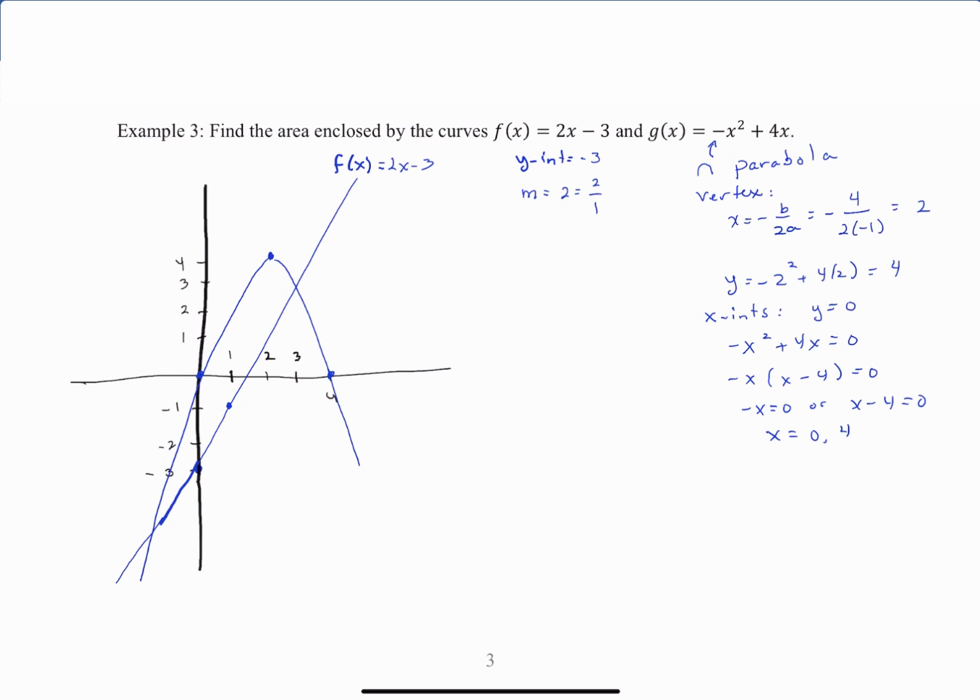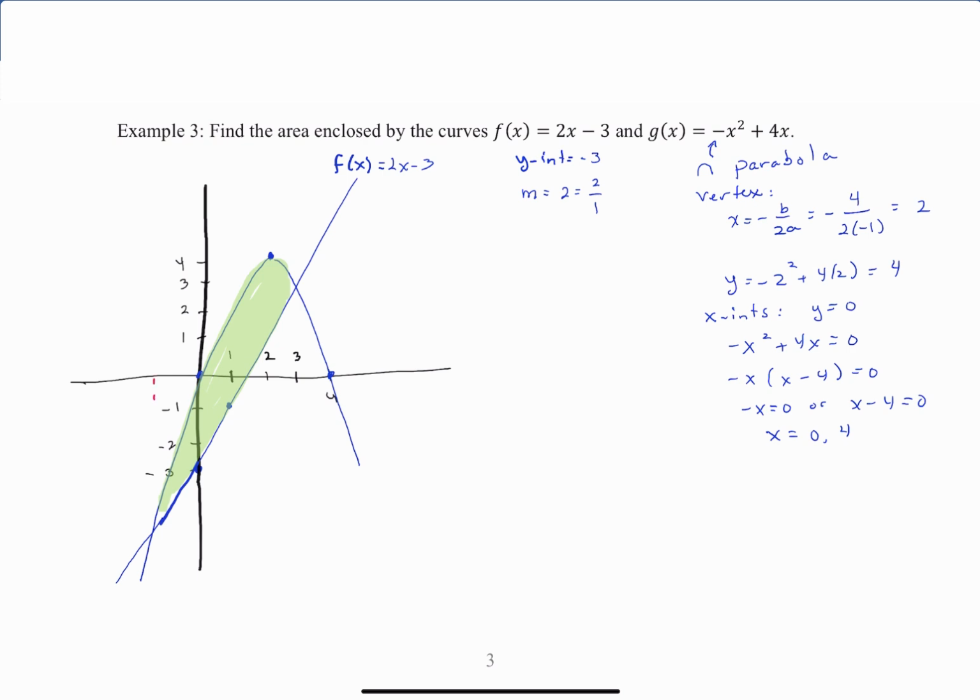Now, if you look at our two graphs, there is a region that is completely enclosed by those two curves. And it's that region right there. That is the region whose area they're asking us for. That's what they mean when they say find the area enclosed by the curves. Now, the thing is, we have to figure out where the left endpoint and the right endpoint are.